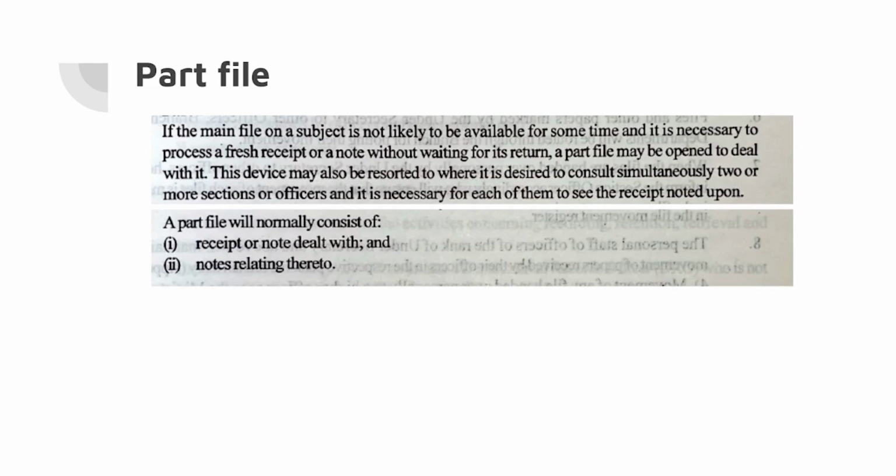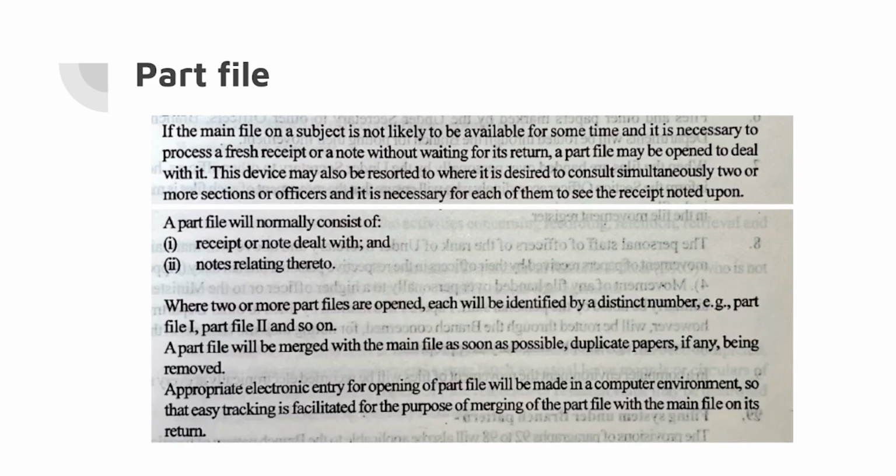A part file will normally consist of receipt or note dealt with and notes relating thereto. Where two or more part files are opened, each will be identified by a distinct number, example part file 1, part file 2, and so on.